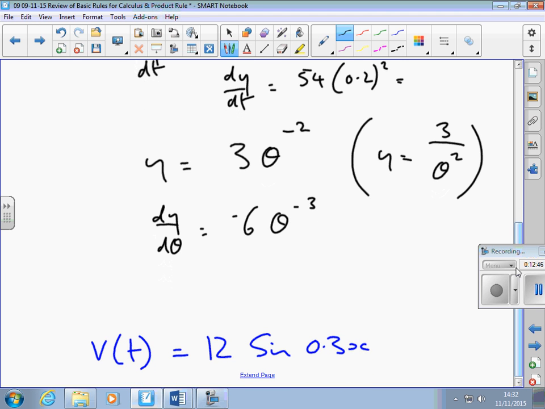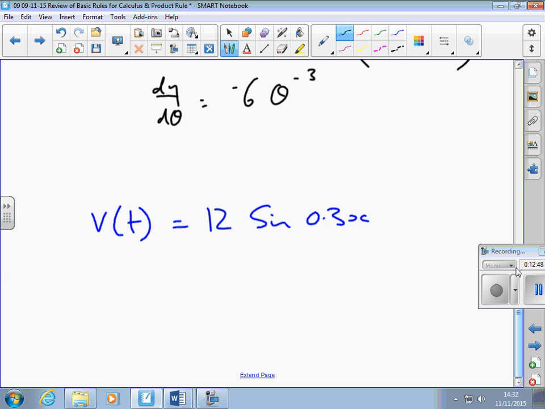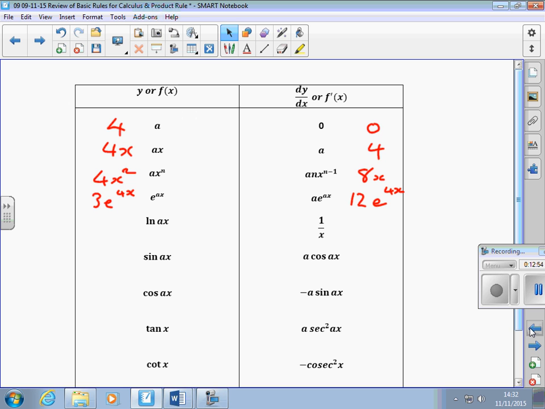Finally, the bottom one here, a different rule this time. If we look back at the table, sine, that's this one here. So what happens? The number inside comes out and goes in front, and the sine changes to a cosine. And the rest stays the same. ax stays as ax.